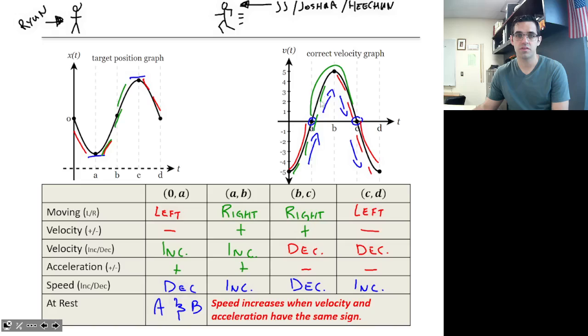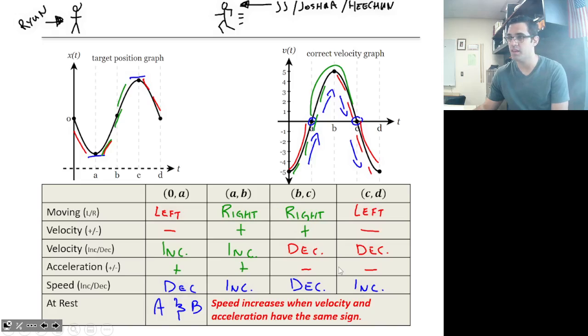And because the slopes of our tangent lines from B to D are all downwards, they're all negative slopes, then from B to D on our acceleration graph, it would all be below the x-axis with an x-intercept at B. And so our velocity is increasing and our acceleration is positive from A to B, first 2 intervals, and our velocity is decreasing and our acceleration is negative on the second 2 intervals from B to D.